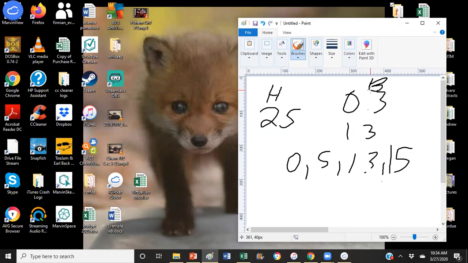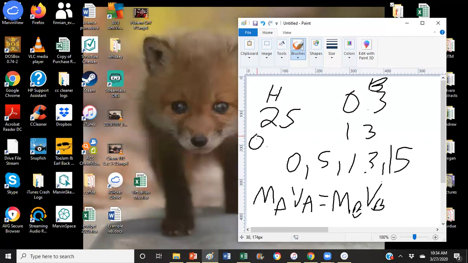How would we calculate the equivalence point of an acid? Well, MAVA equals MBVB. Molarity of acid times volume of acid equals molarity of base times volume of base. So if the molarity of base is 0.3, the volume of base is 13, the volume of acid is 25, the molarity of acid must then be 0.156.